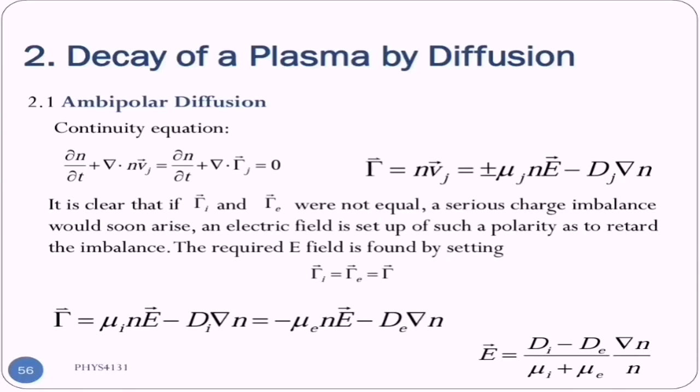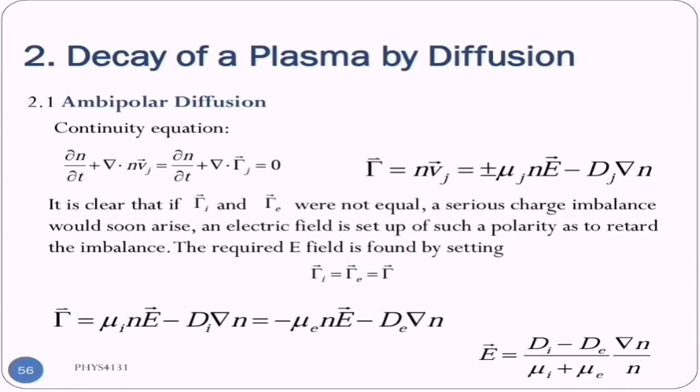The electric field E can be found from here by setting gamma I equal to gamma E, which is equal to gamma. Using this we can find the electric field vector. Then the equation for the flux will be gamma is equal to mu I n E minus di del n, which is equal to minus mu E n E minus de del n.